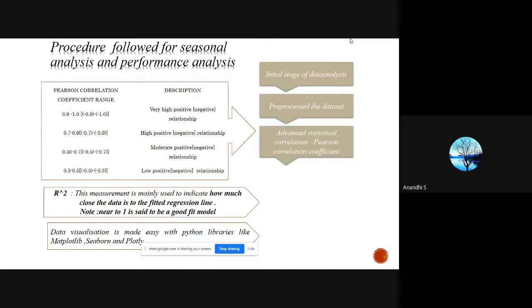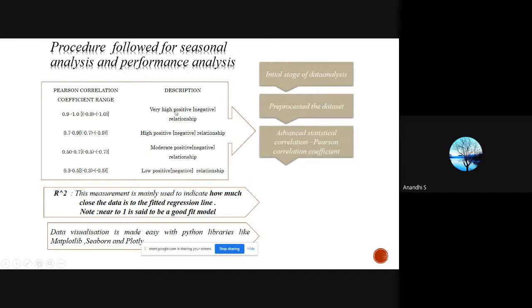Then I went for advanced statistical correlation. This is nothing but exploratory data analysis. In that, I have found the Pearson correlation value. This is the table you can see here. If it is in the range 0.9 to 1.0, there will be a very high positive correlation.